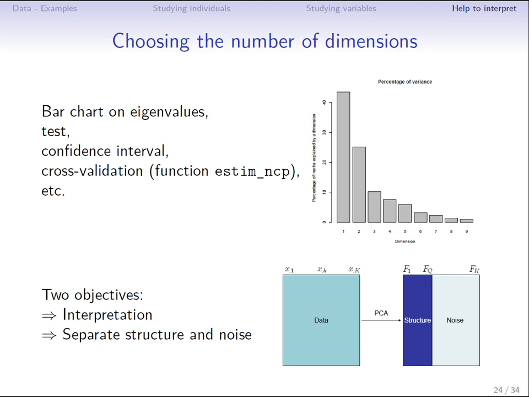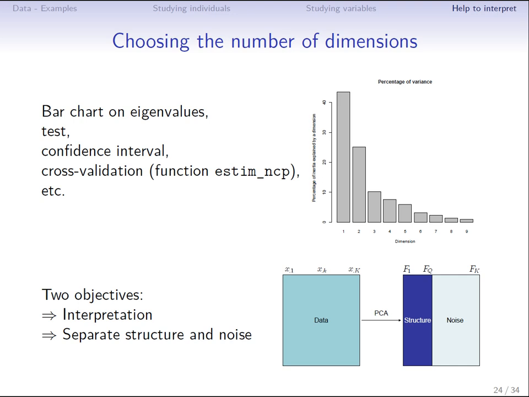And then on the last dimensions, there is less information. So this bar chart is useful to choose the number of dimensions that should be used for the interpretation. We are therefore looking for a visible decrease or gap in the bar chart. There also exists a test to determine the number of dimensions, or cross-validation methods that can also be used, as is the case with the function estim_ncp.